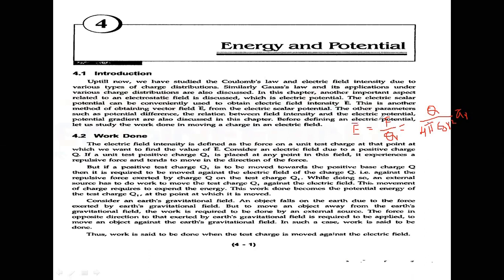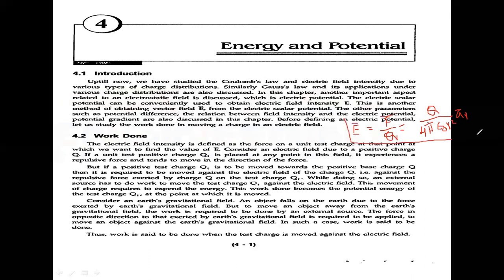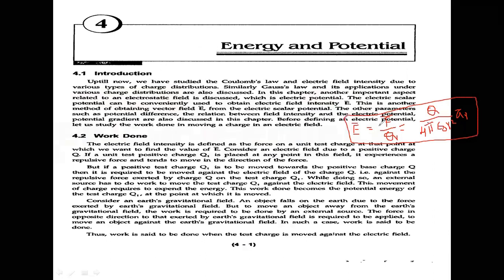And now if I am taking the vector E bar, the electric field intensity is defined as the force on a unit test charge at that point at which we want to find the value of E bar.